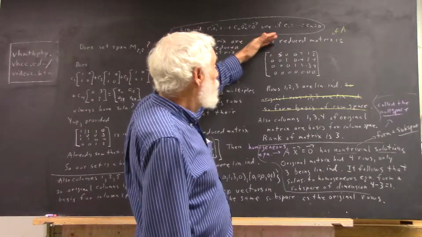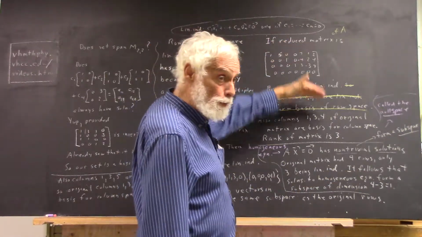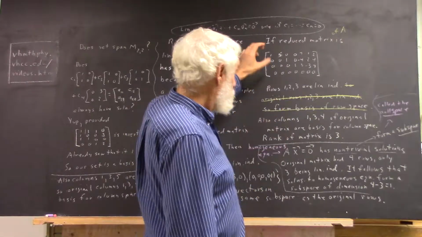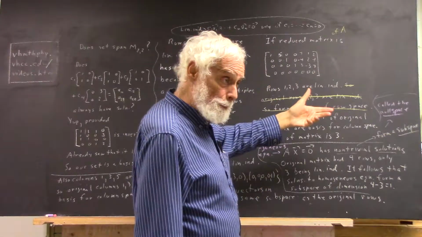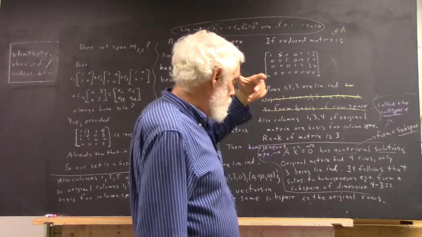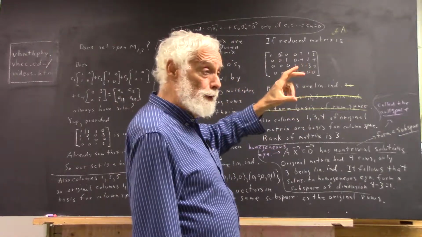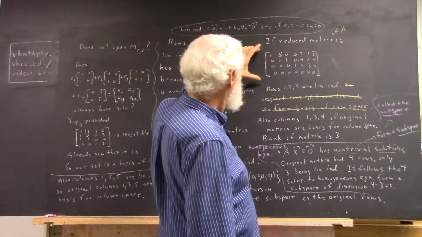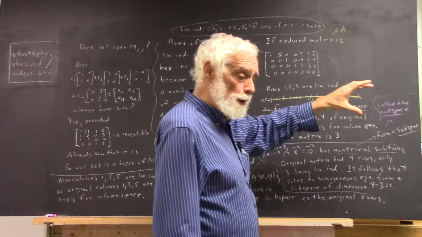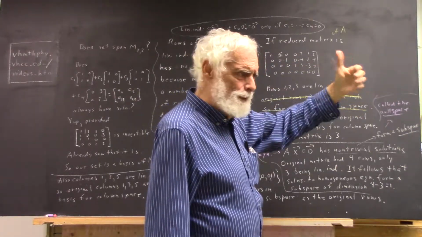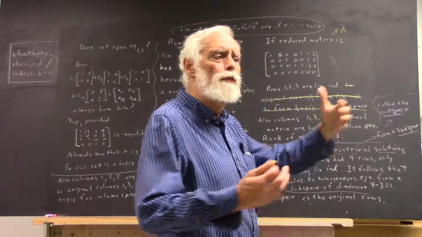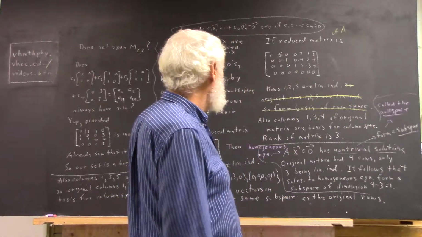You have 4 vectors, 4 row vectors, okay? Only 3 linearly independent row vectors, so that the row space has dimension 3, but the vectors that you get out of this equation go into a 4-dimensional subspace.